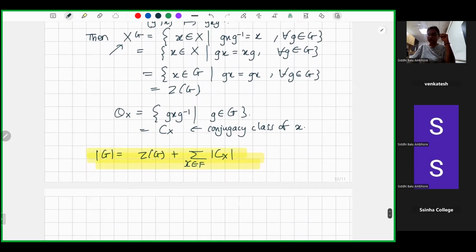Okay, so please remember this. I have highlighted this, useful for the exam. Let me write this.